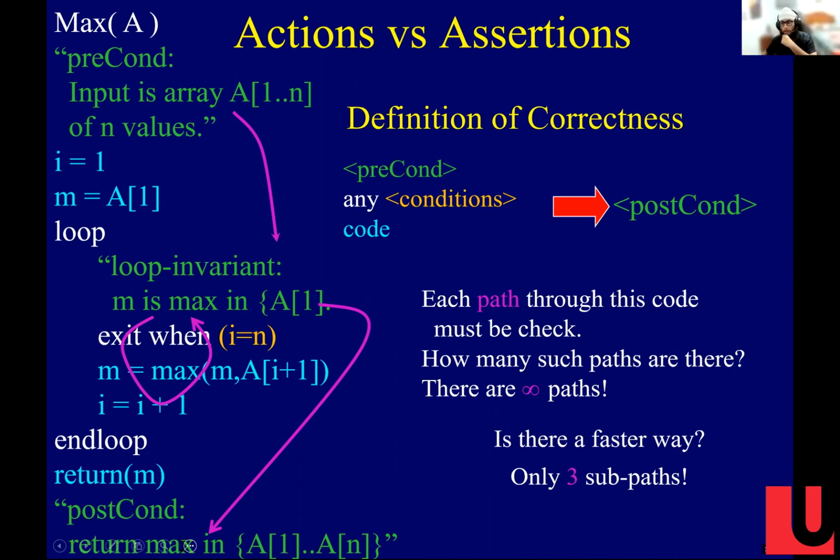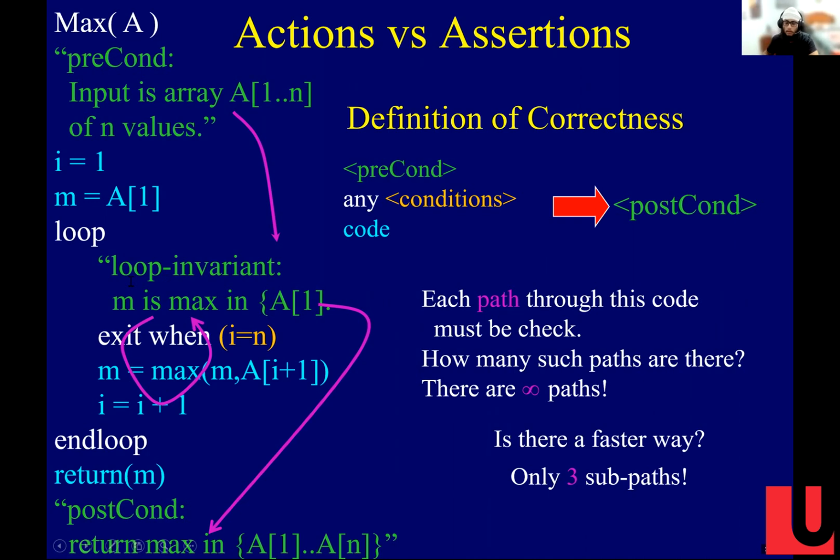Right? So I'm still confused about one thing. The loop invariant is there just because it has to be true for you to enter the loop, right? So then why is it inside the loop? Because it always needs to be true when you're at the top of the loop. Okay, what is this location? This is the location at the top of the loop. Okay.